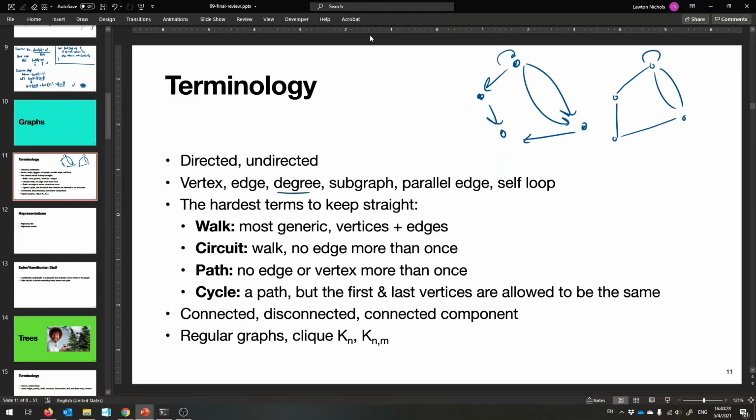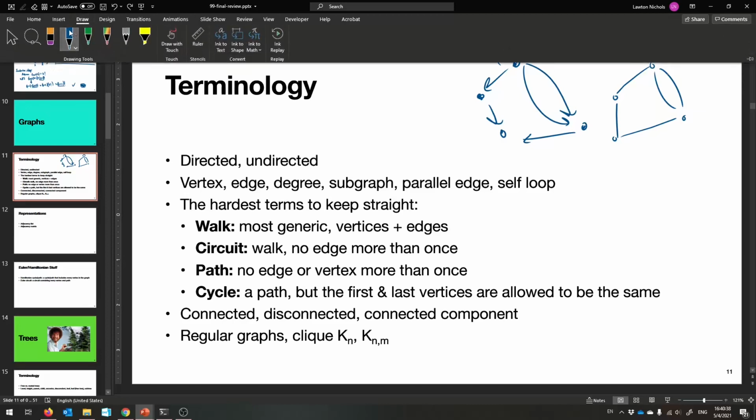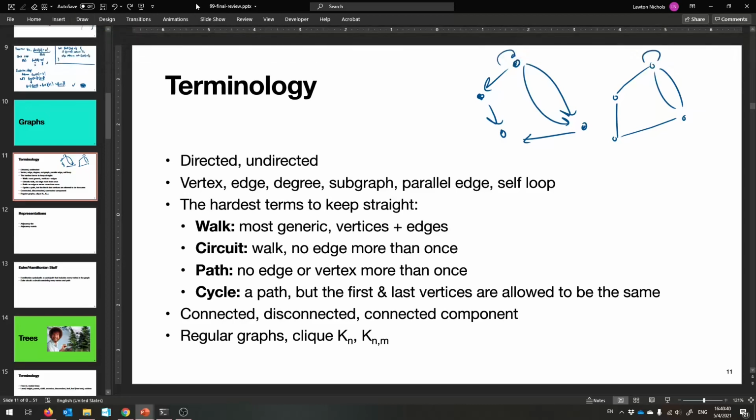The degree of a vertex is the number of edges coming out of it. I think we've only talked about this in the undirected case, so let's just talk about undirected graphs right now. The degree of this vertex is 2, because it's got 2 things coming out of it.